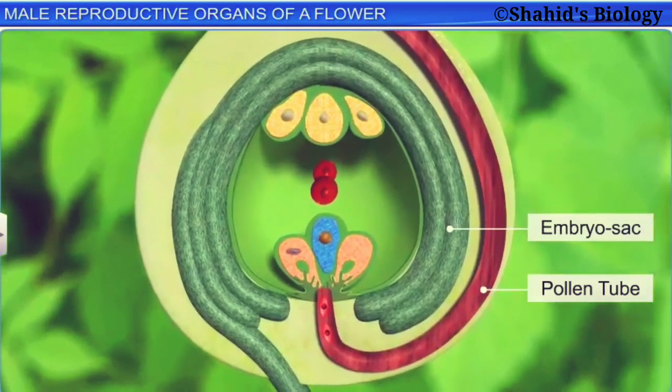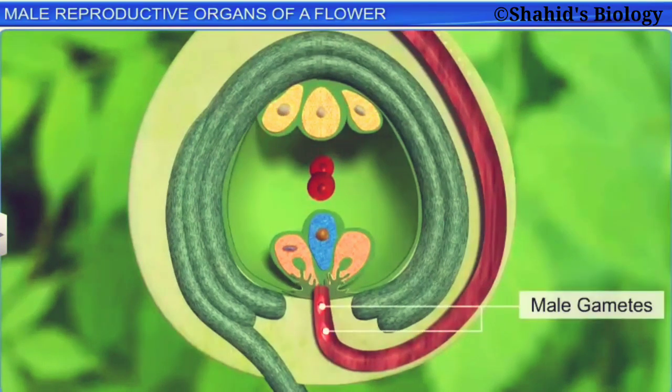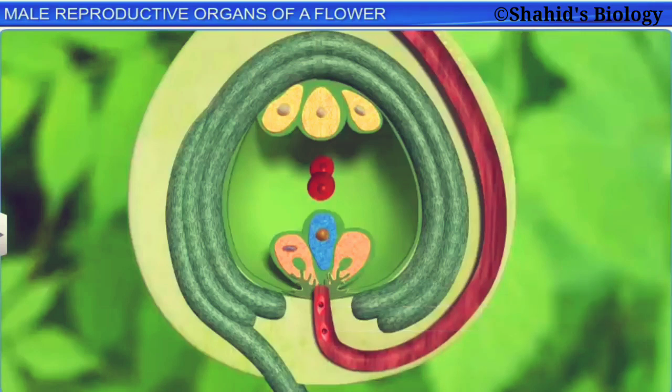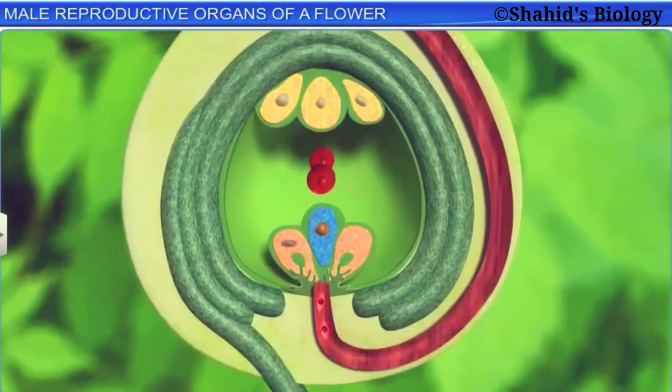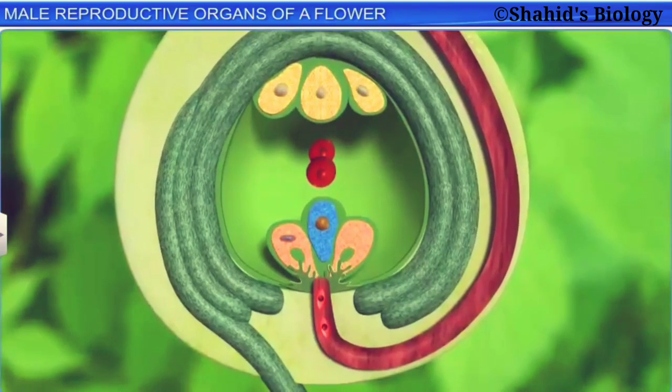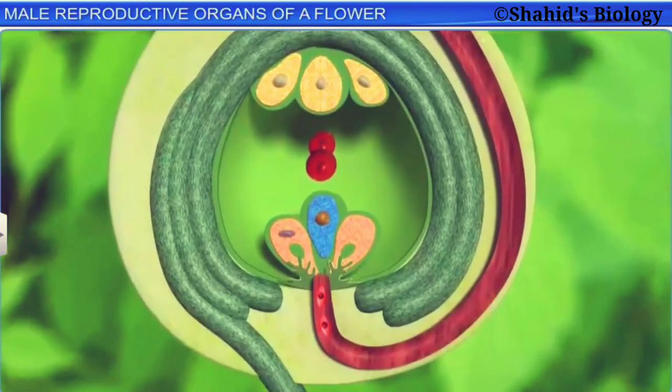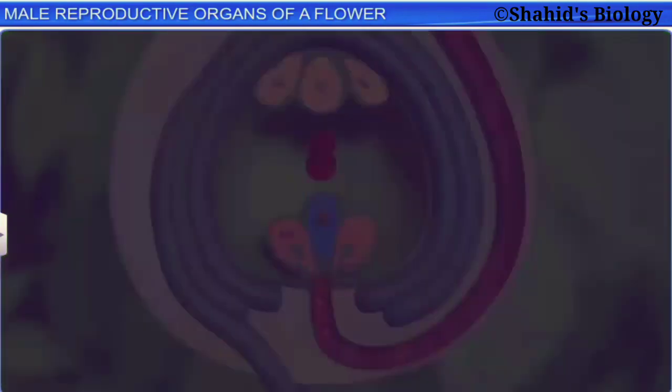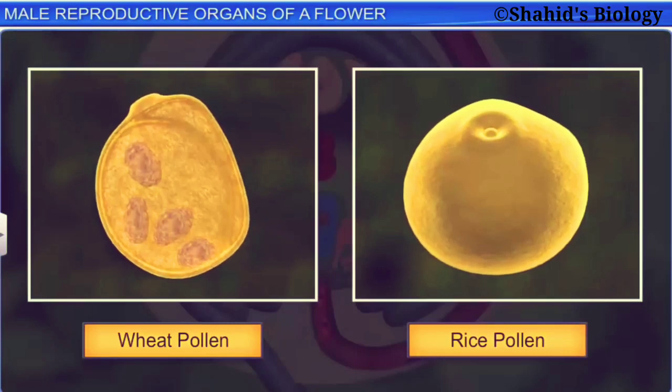This ability of the pollen grain to deliver the male gametes to the embryo sac is called pollen viability. However, factors such as temperature and humidity affect pollen viability. Moreover, pollen grains of different plants have different periods of viability.